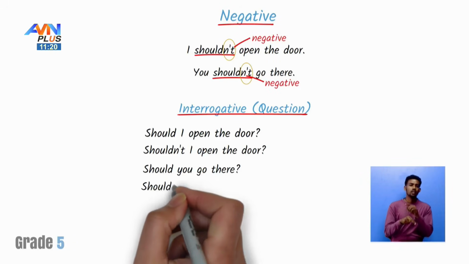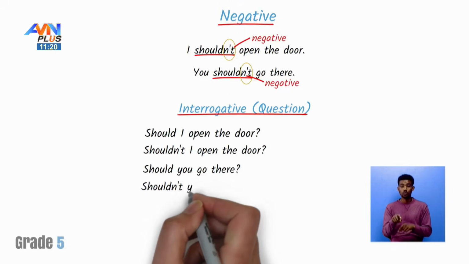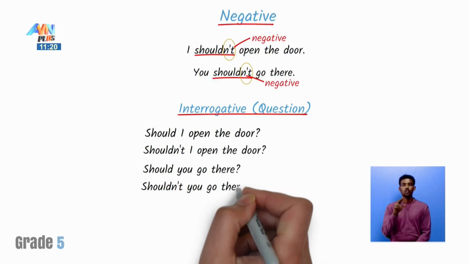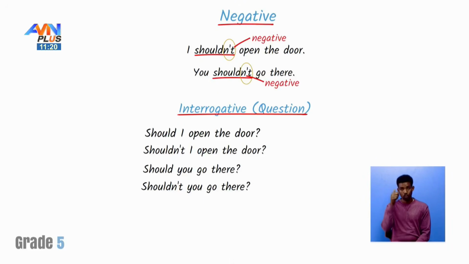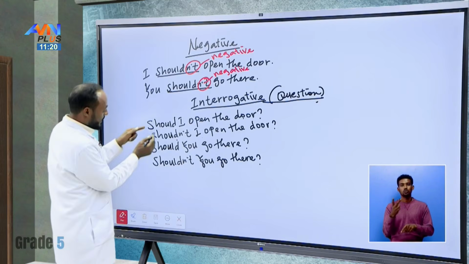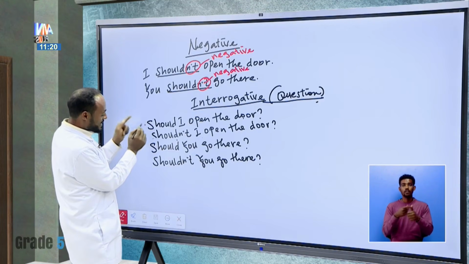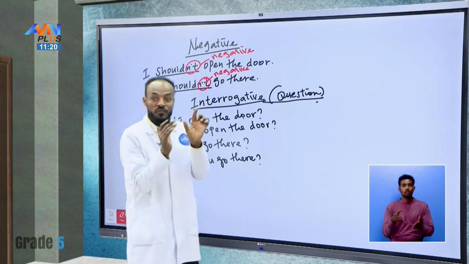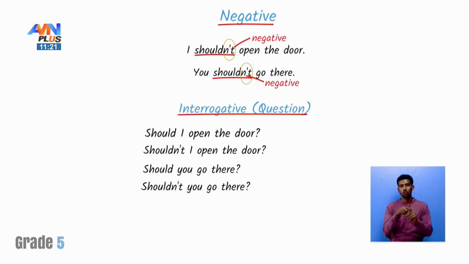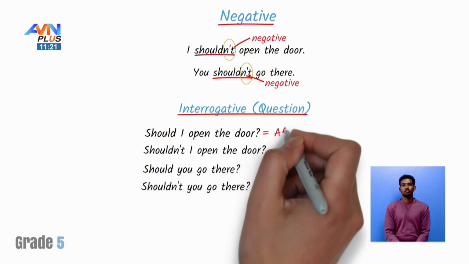You can say should you not or shouldn't you go there? Look at the sentence here. Shouldn't, the difference between this concept. Here, this one is just if it is given in what? Affirmative. Okay? In affirmative case.